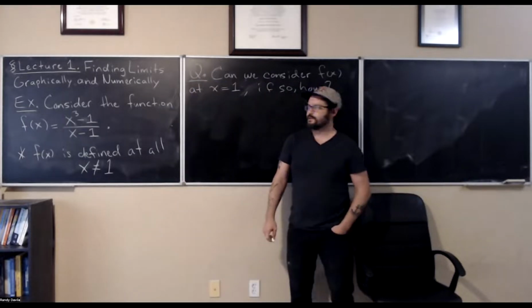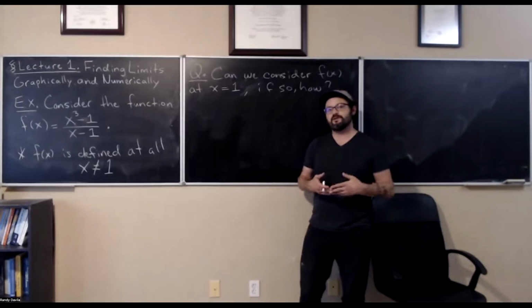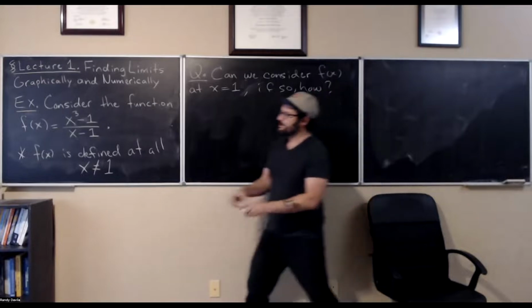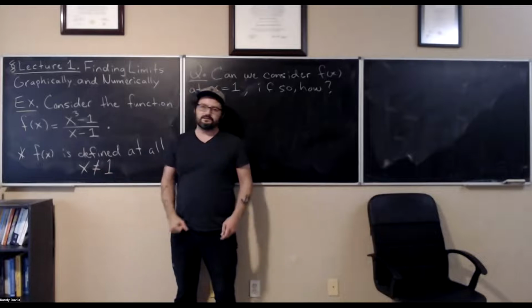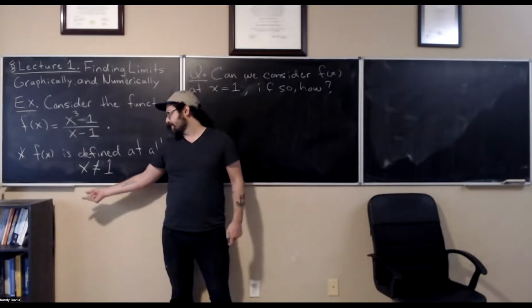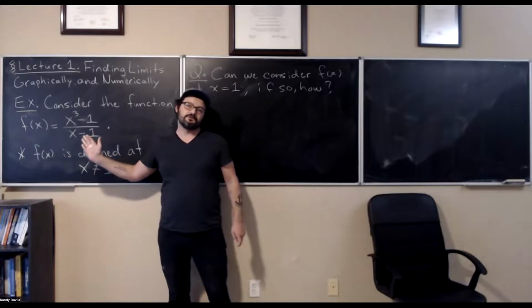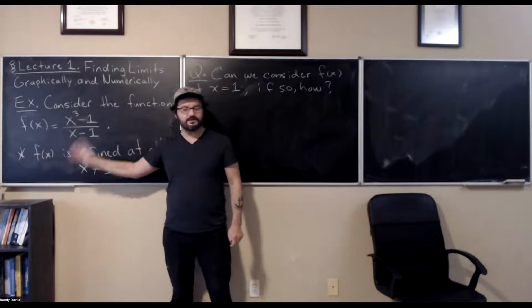Okay. Well, the way that we're going to do this is we're going to look at the behavior of f as x approaches 1, right? Because this function is defined everywhere outside of 1. So why not look at x's like at 0, at x equals 0.5, at x equals 0.75, at x equals 0.9?